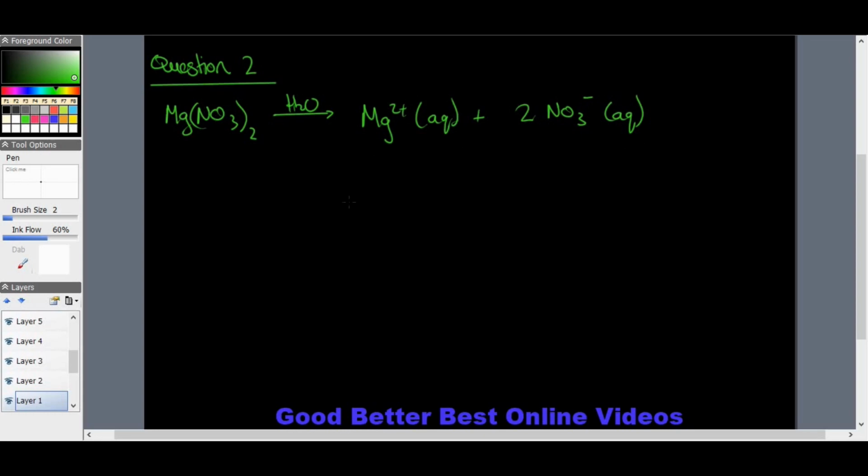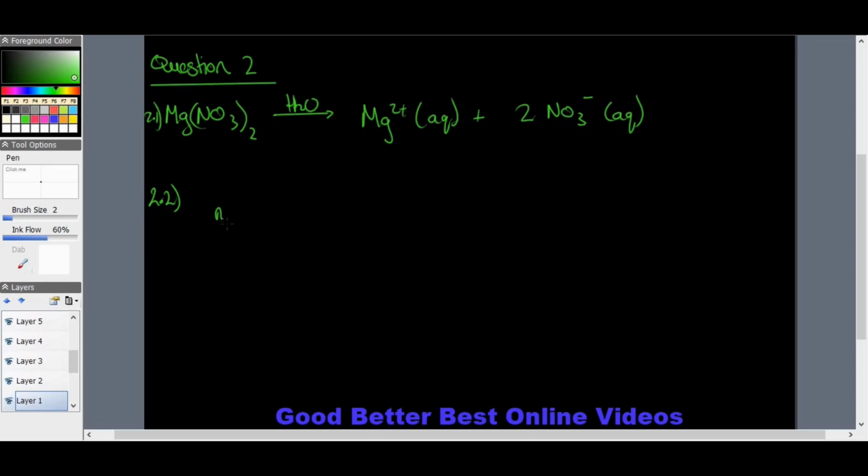It means how the compound looks. So that's the balanced equation. Yes, that is 2 NO3, 1 magnesium, all balanced. That was 2.1.